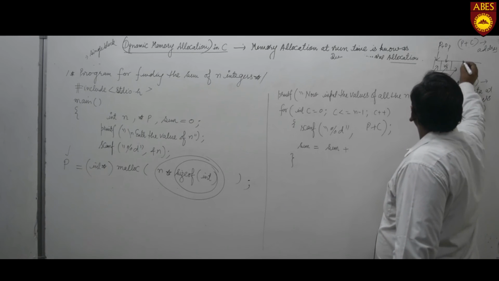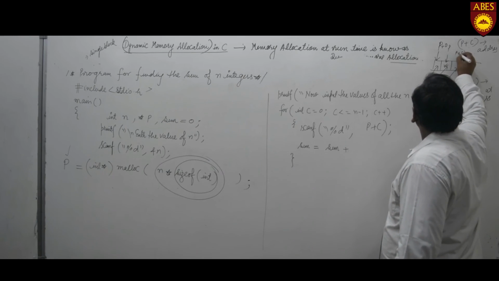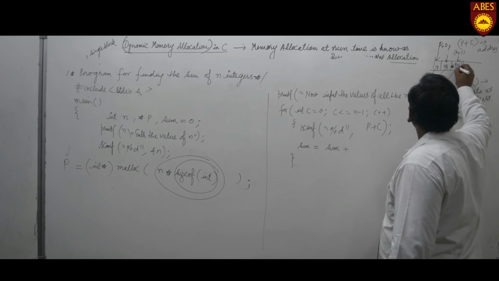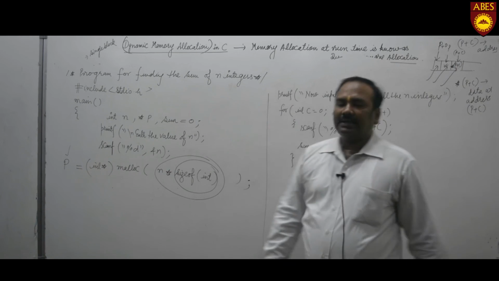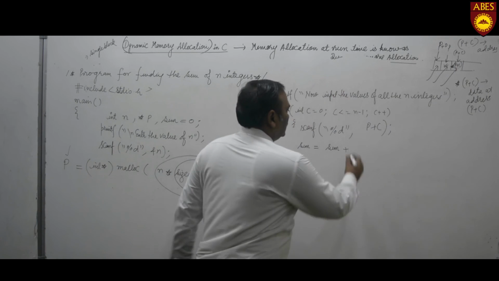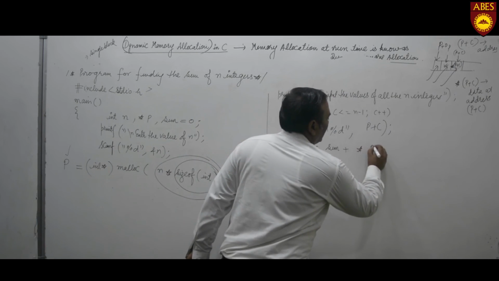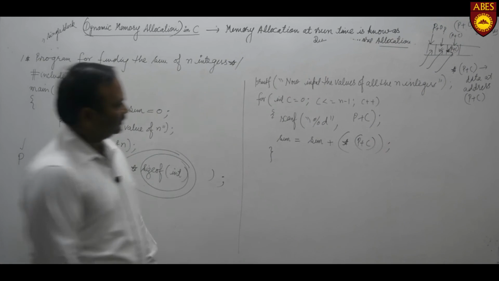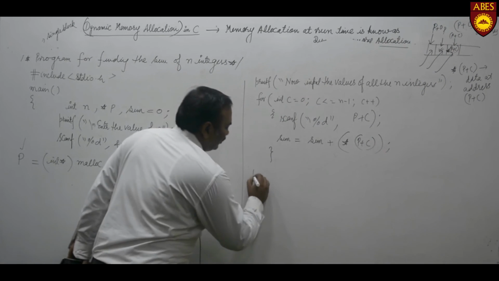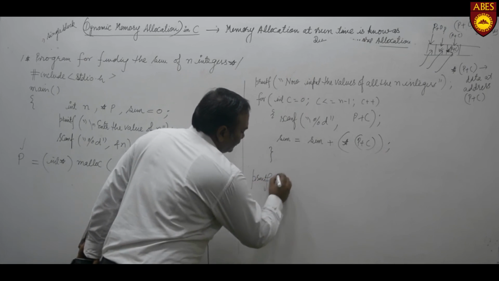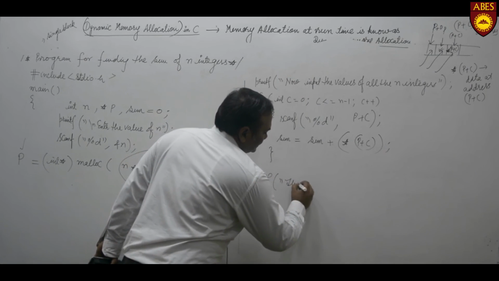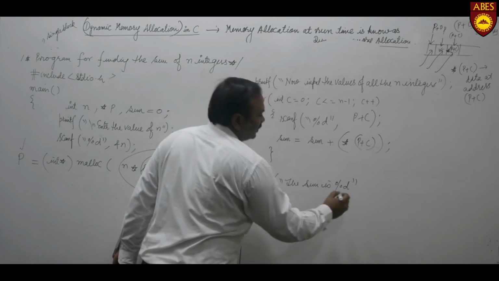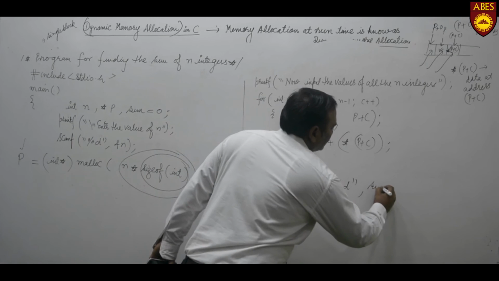Suppose this is P plus c, this address, then the content is denoted by star of P plus c, using the indirection operator. So then we are putting star of P plus c. Yes. Now we can finally calculate. The sum is sum.